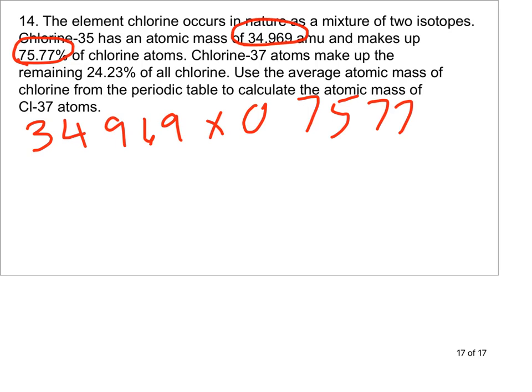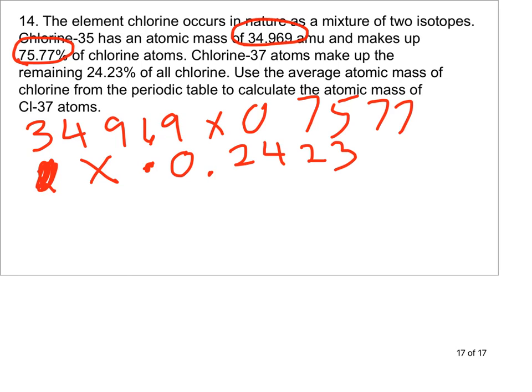And then we've got 24%, but we don't know this mass, so it's some x times 0.2423. And then it wants us to find the atomic mass of Cl-37. So we want to find that x value.